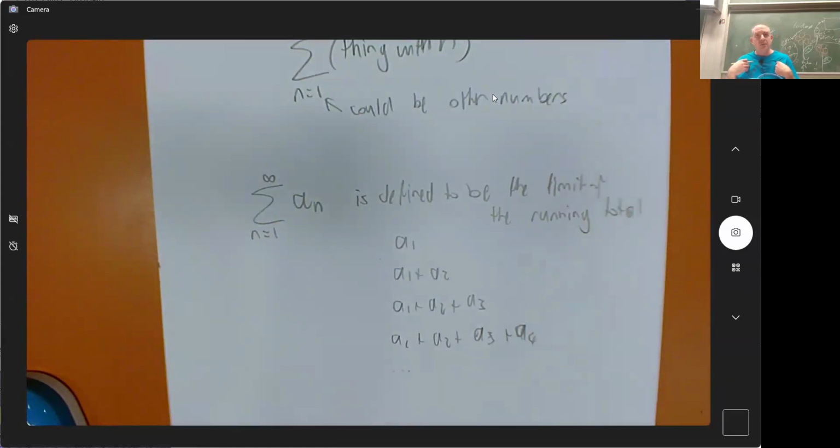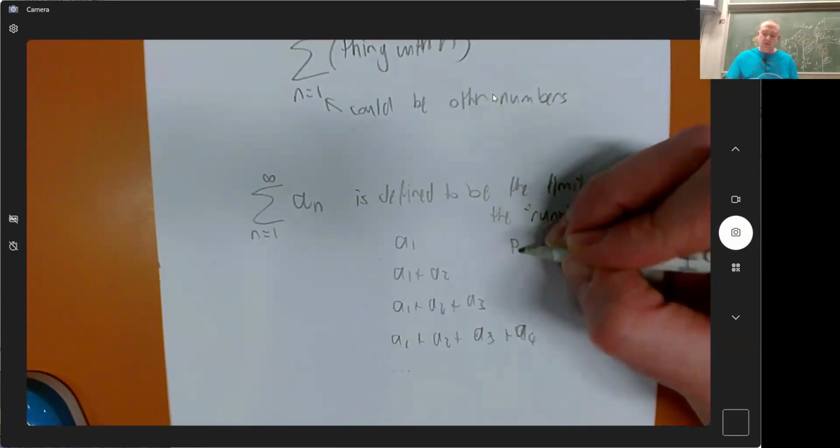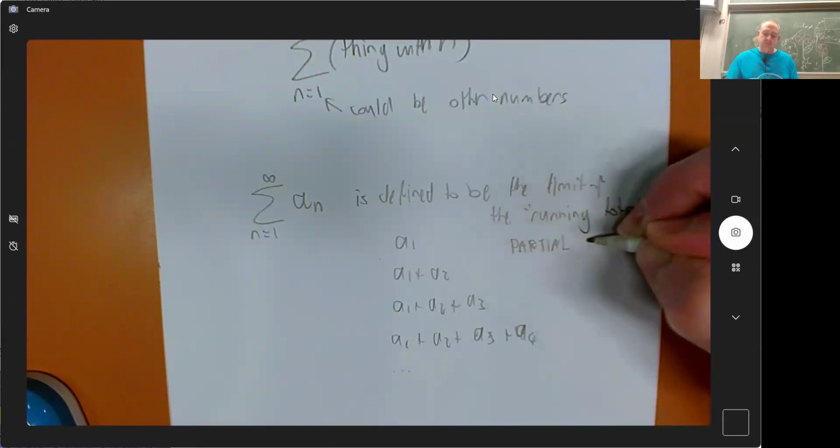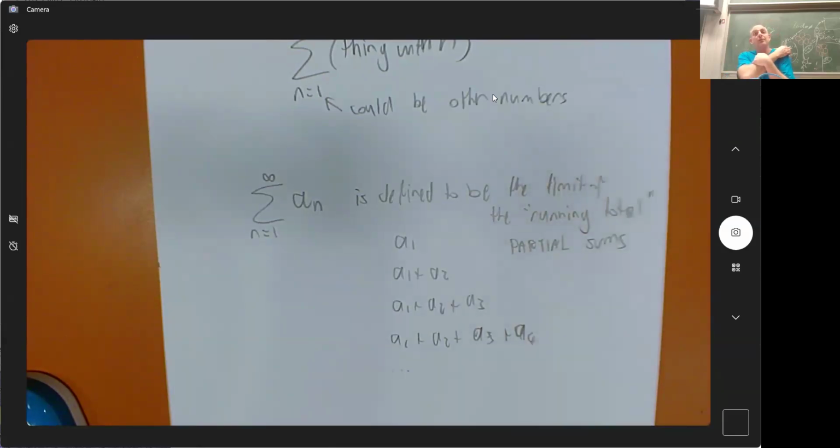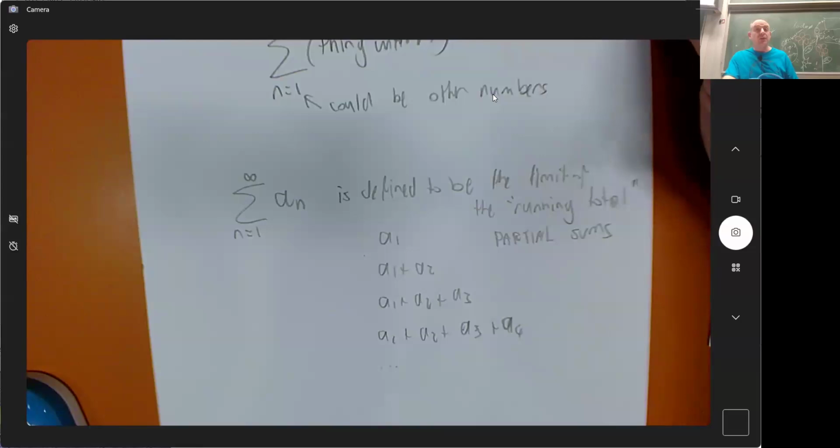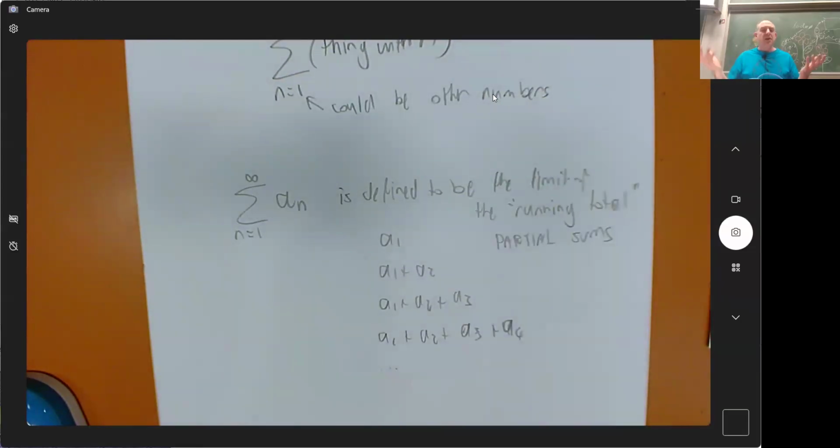I call it a running total, but the official word is the partial sums, just in case you were wondering. So that's the definition of what it is, but almost never do you actually use that definition. It's very rare to use that definition. There is one proof in this course that I know of that uses that definition. Mostly you just think that that's what it is, but you don't use that fact. But that is what it means.